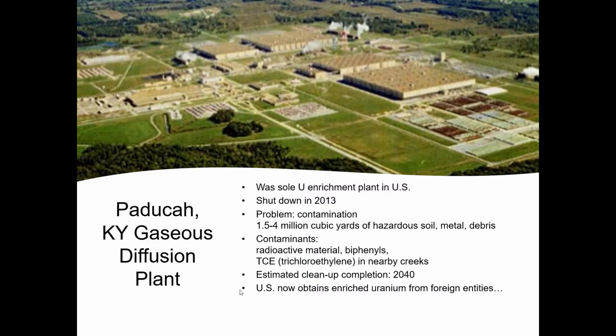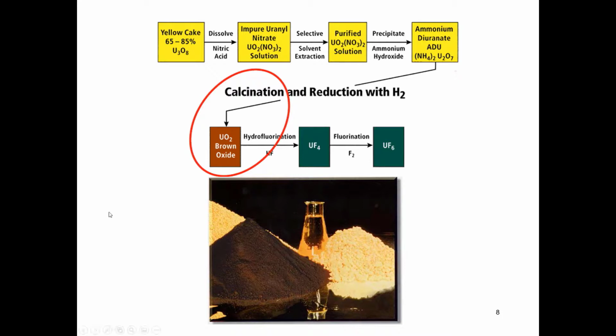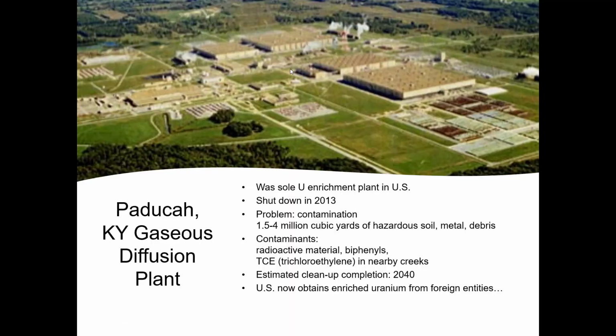But then also the solvents that are used right here in the solvent extraction step of the enrichment process, those solvents are also hazardous chemicals for different reasons. Those solvents included biphenyls, trichloroethylene, and so on. And so those liquids were being dumped in the creeks nearby. It's not a good thing.